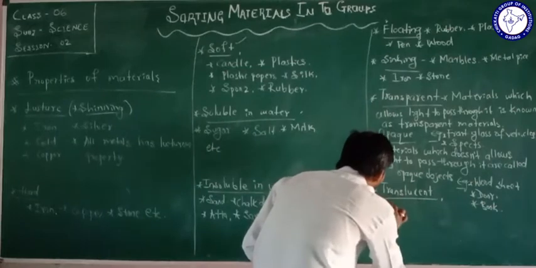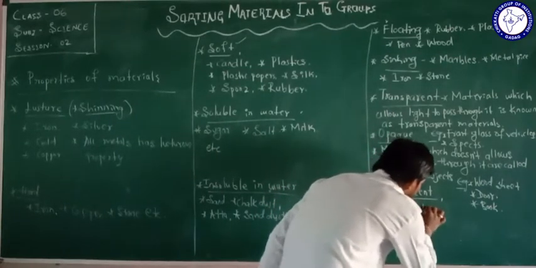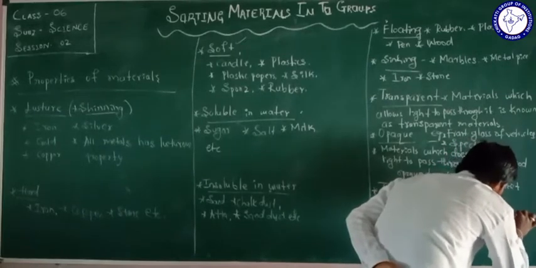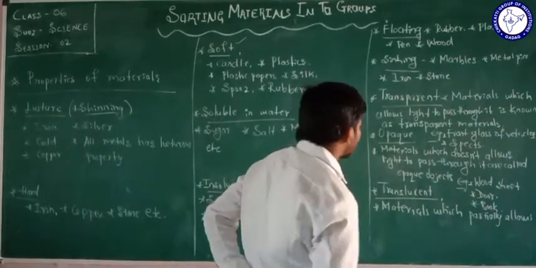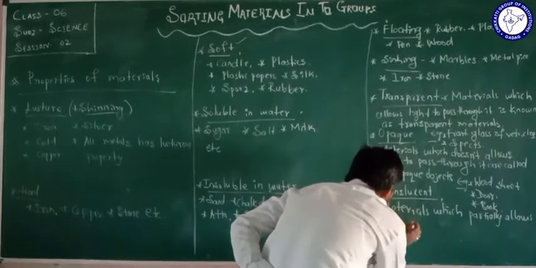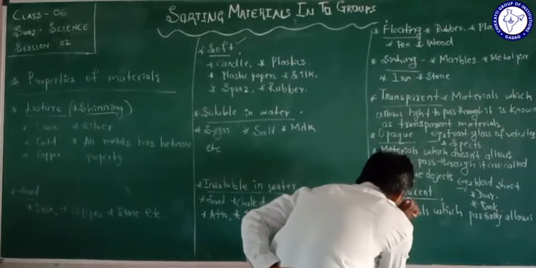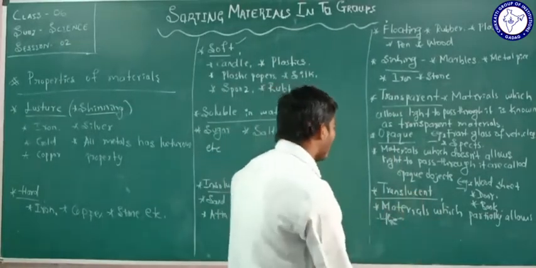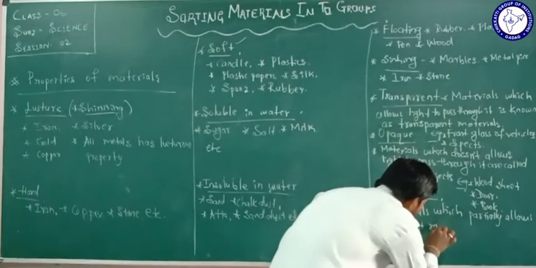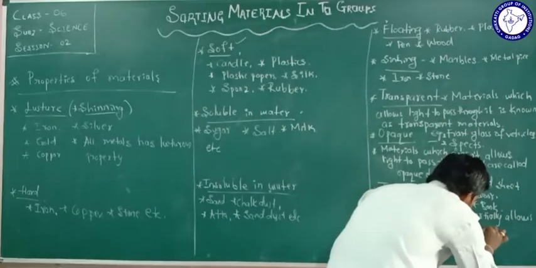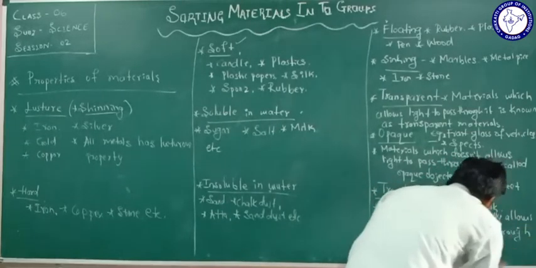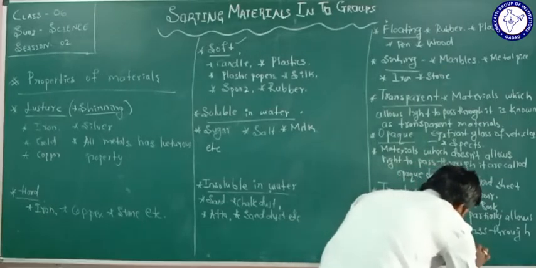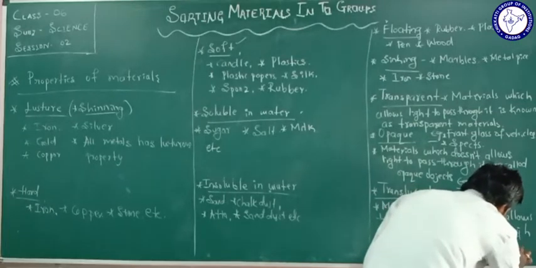What are translucent materials here? The materials which partially allow the light rays to pass through them are called translucent materials.